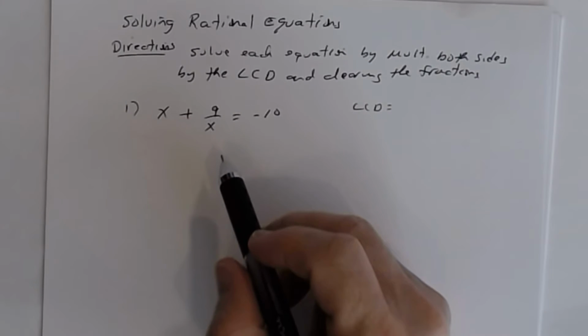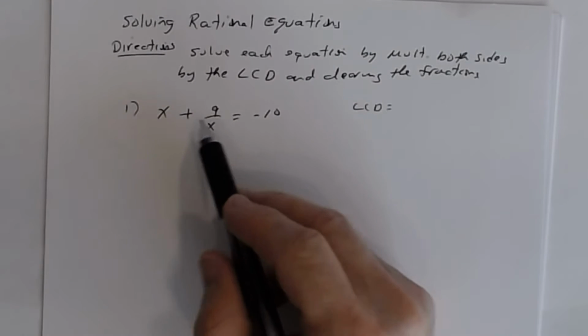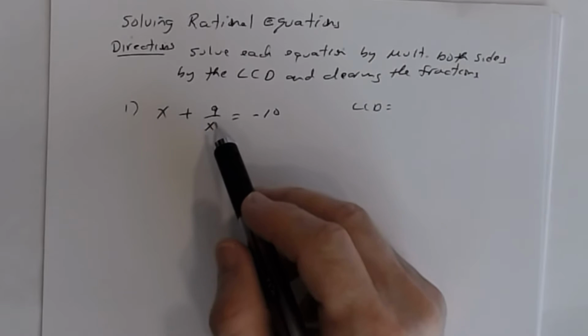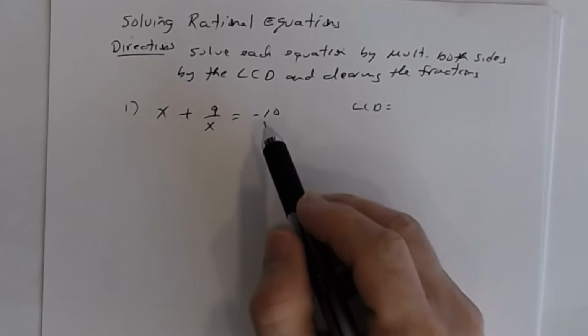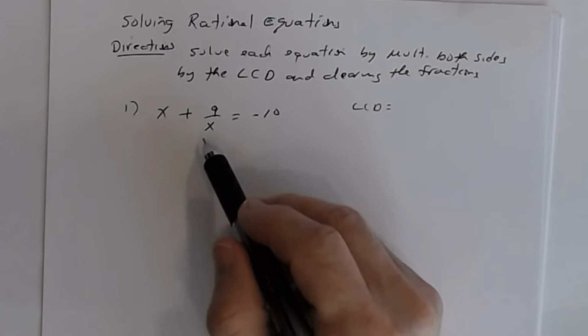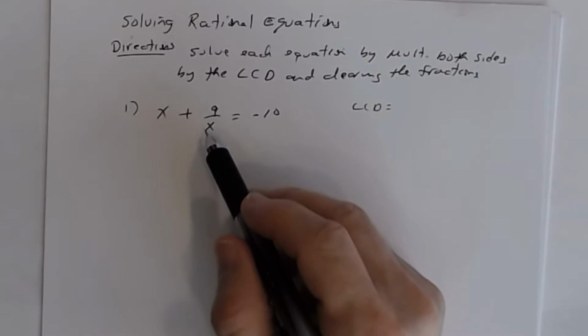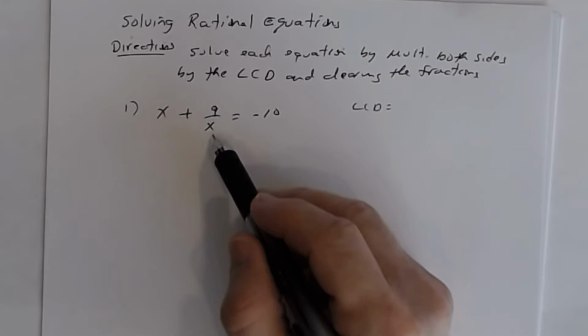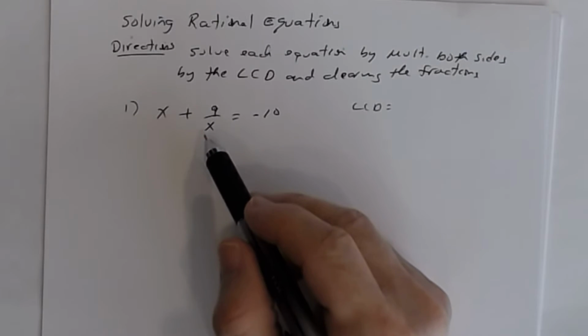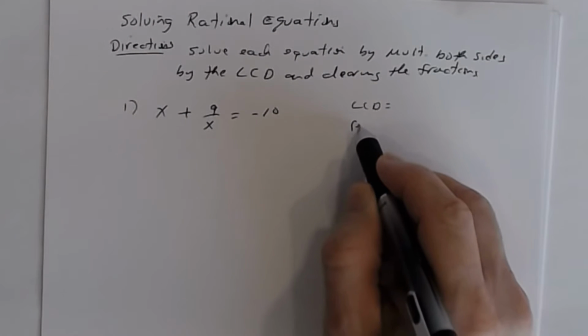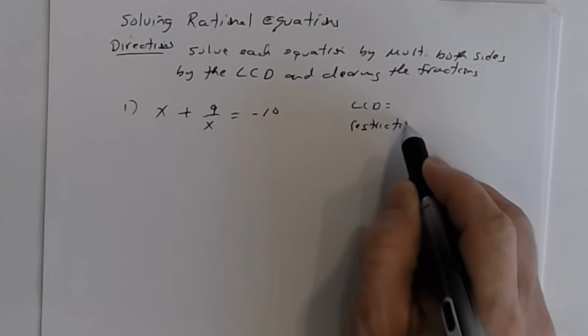Also notice that in this equation, I have three rational expressions: x divided by 1, 9 divided by x, and negative 10 divided by 1. In the rational expression 9 divided by x, I have a variable expression in the denominator. So remember, you cannot divide by 0. You also need to determine what the restrictions are.